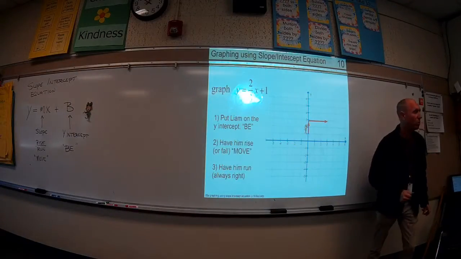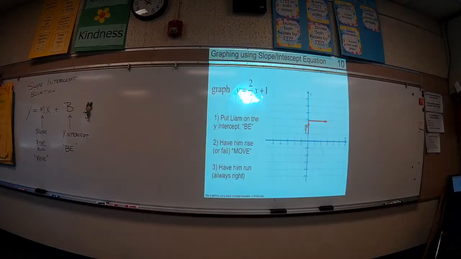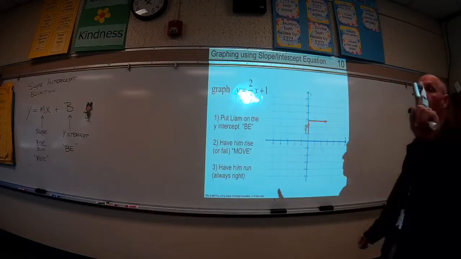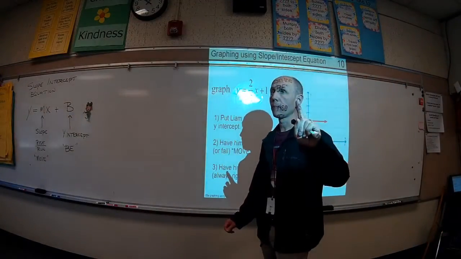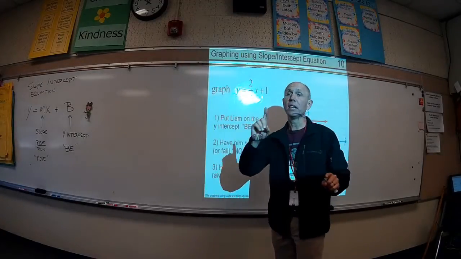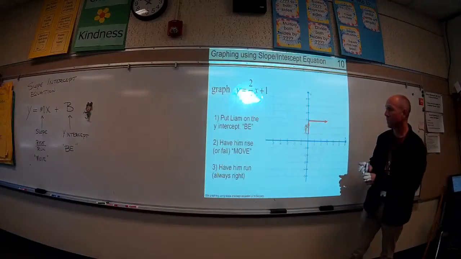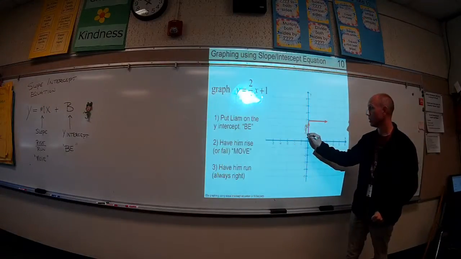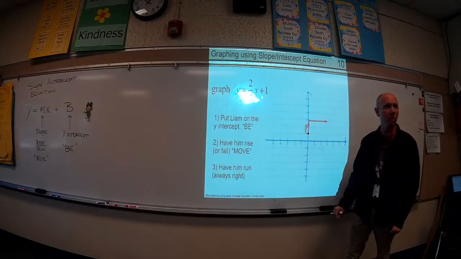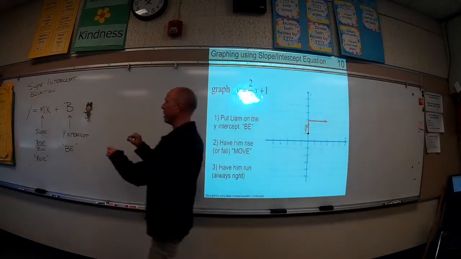Liam wants to be on 0, 1, and 3. He wants to be at 1 on the y-axis. He wants to be right here. This is where he wants to start his life. So I take Liam and I put him right there.